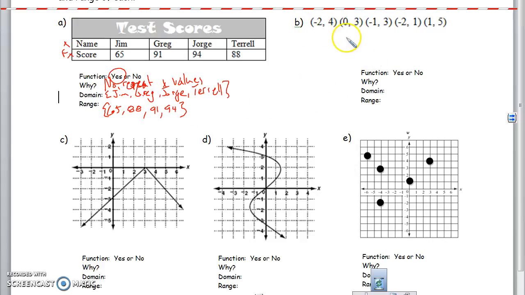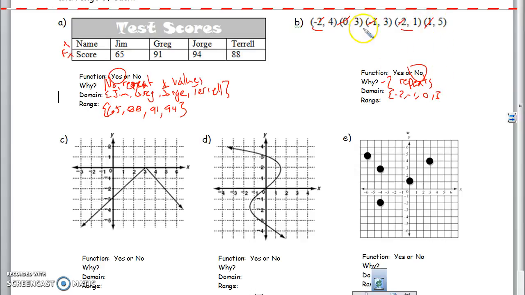Moving on to B: -2, 0, -1, -2. This is not a function because -2 repeats. However, it still has a domain and range. For our domain, from least to greatest, the smallest number is -2, then -1, then 0, then 1.